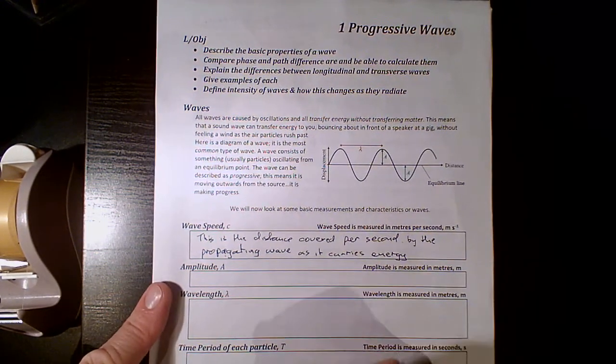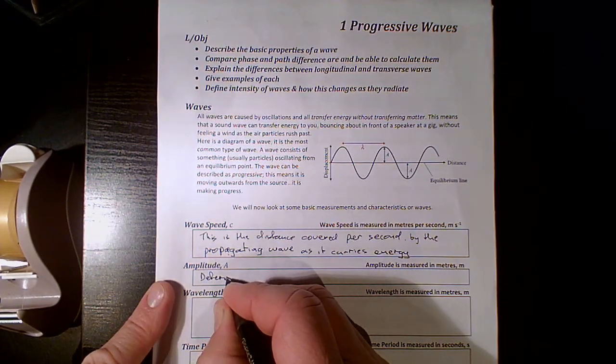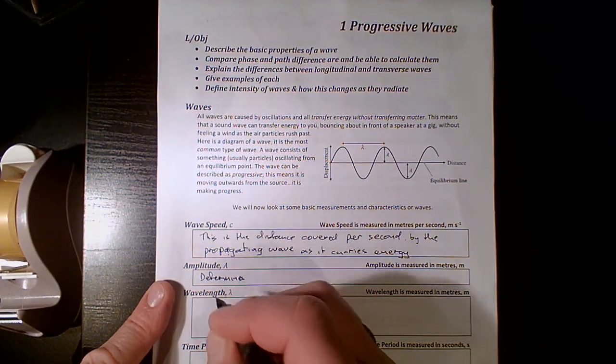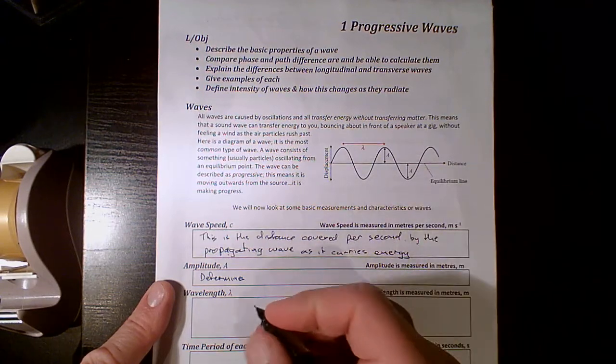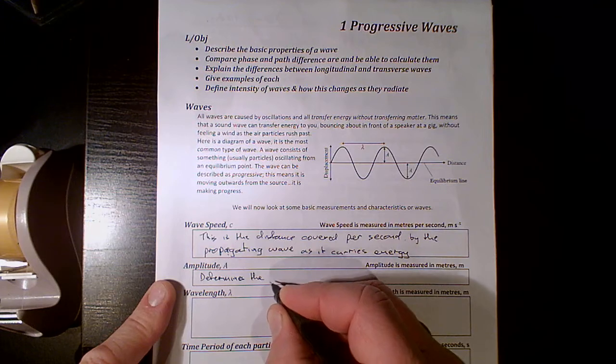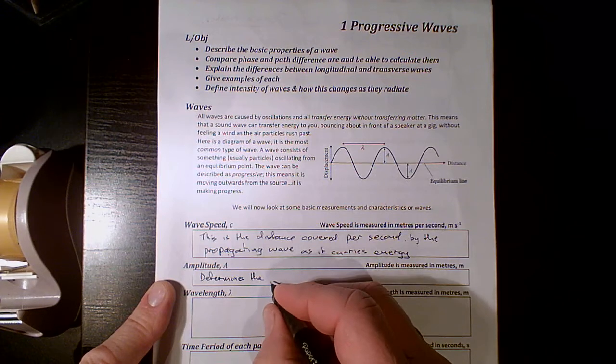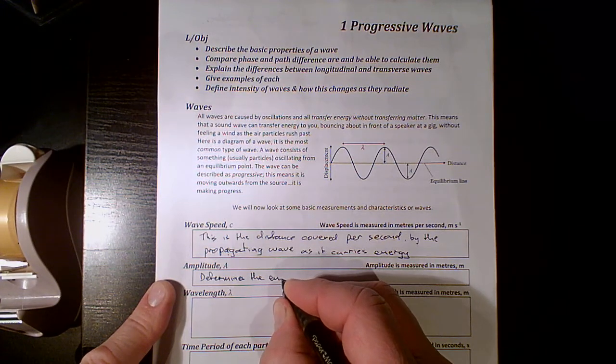Amplitude basically determines how much energy we've got. So the more energy there is, the bigger the size of the wave. It is not a straight comparison. So it's not double the height or double the displacement will give you double the energy. There's a bit more to it, but it determines the energy transferred.